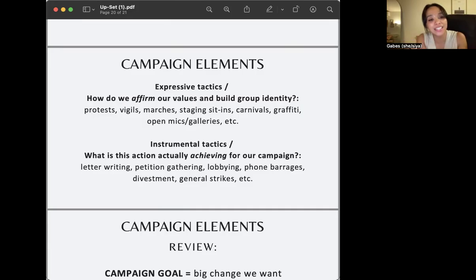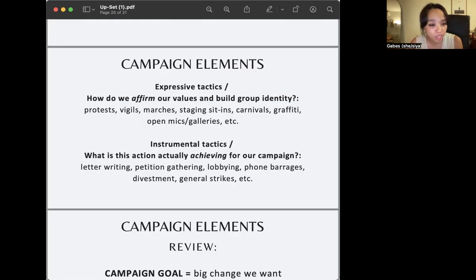And you have the attendees sign the petition or email during the event. You can ask them to bring out their phones and email the elected official, your primary and secondary targets, during the actual event. So an expressive tactic can be transformed into an instrumental one in that case, because the open mic became an email barrage.